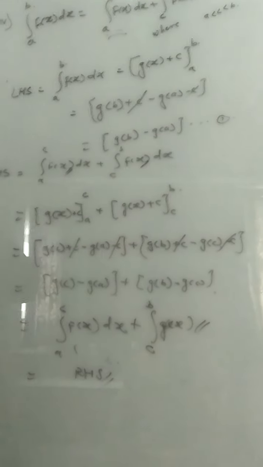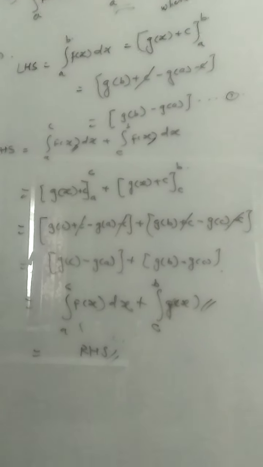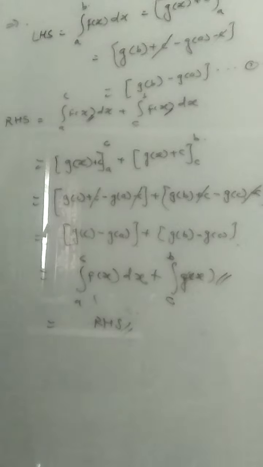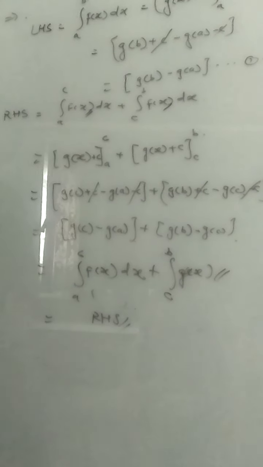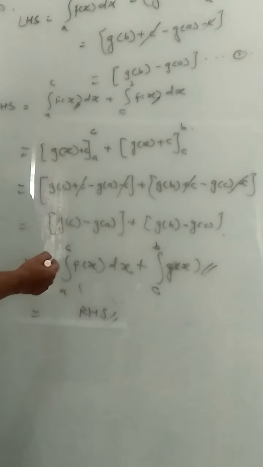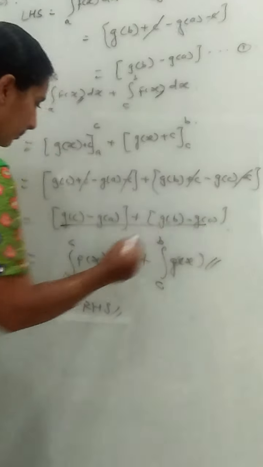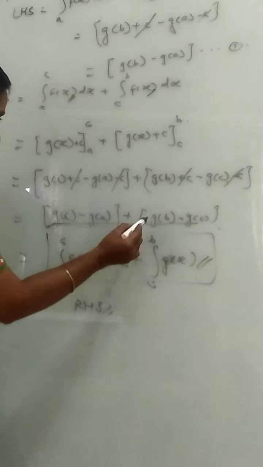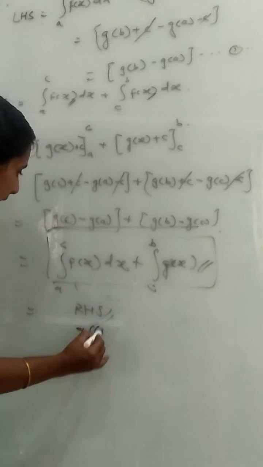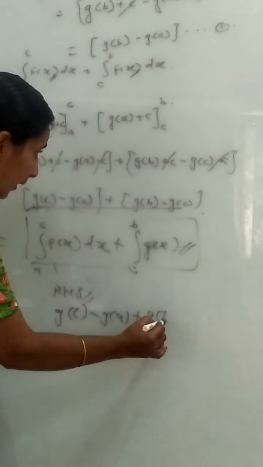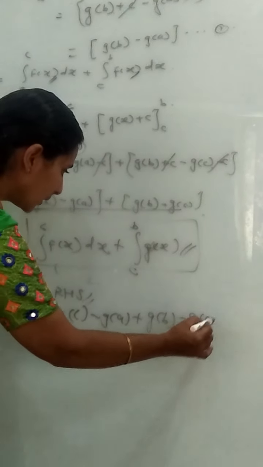Left hand side is equal to that term from a to b. When we simplify this term, this is our right hand side. Simplify this term: g of c minus g of a plus g of b minus g of c.